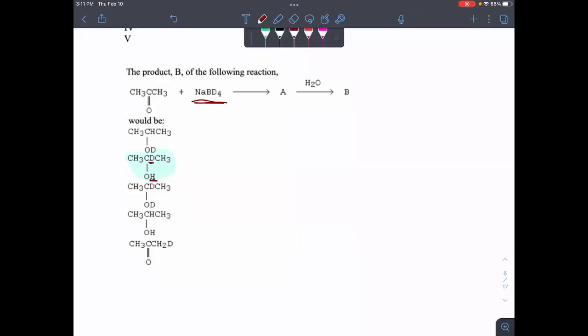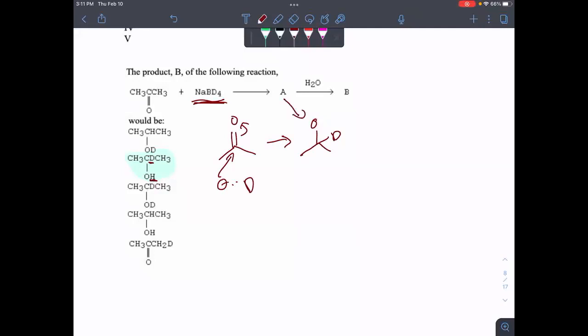So in the first step, when you're reducing the carbonyl, you're adding a hydrogen to the carbonyl. We have this ketone right now. When we have the NaBD4, it's basically just a D- going in and attacking. So now you have an alcohol with a D attached to it. Well, actually an alkoxide because we haven't protonated yet.